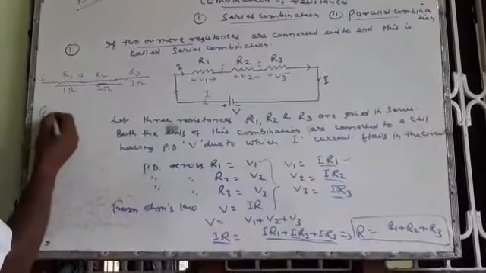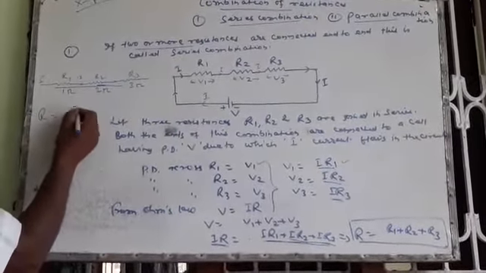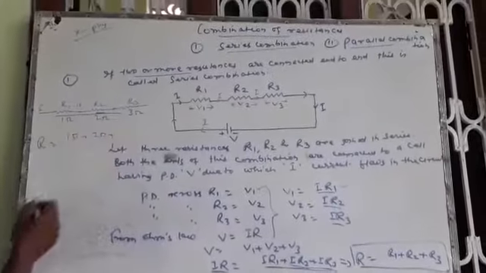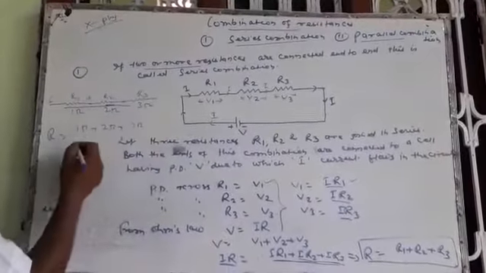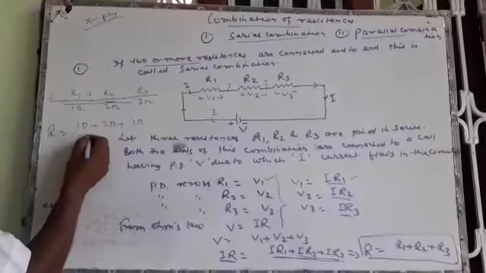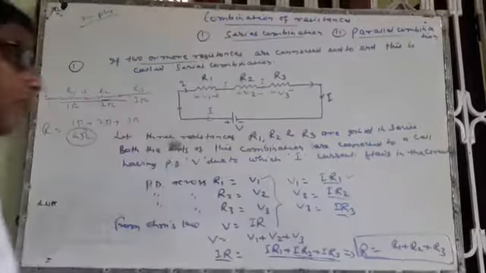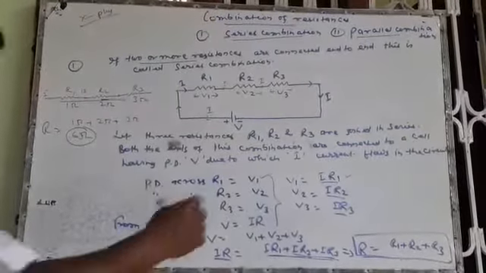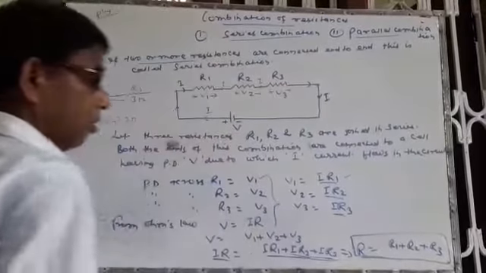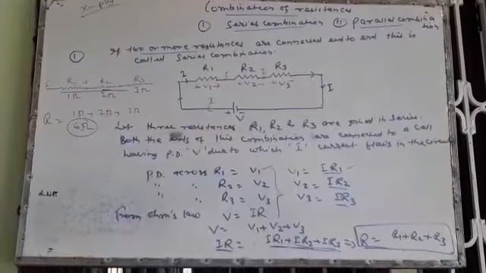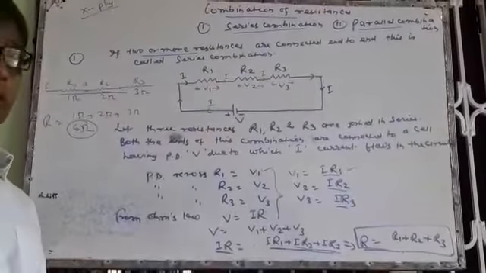That is R equal to R1 1 ohm plus R2 2 ohm plus R3 3 ohm. This means 6 ohm. Total resistance is the sum of the individual resistances, and using this formula, you can solve a lot of numerical questions.